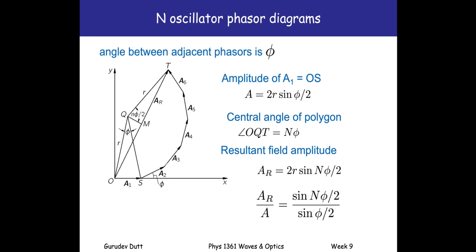Then A1, A2, A3, each one is rotated by an angle phi with respect to the previous one. And the resultant phasor, AR, is the phasor from point O to the tip, which I call T. So we need this value OT, and we first establish that all of these are clearly on a circle, right?